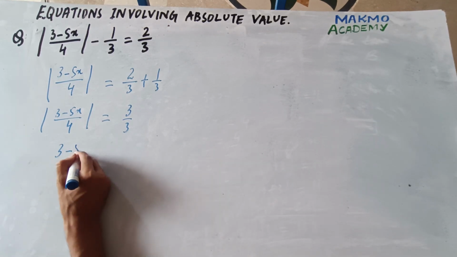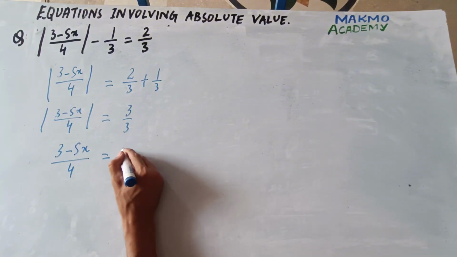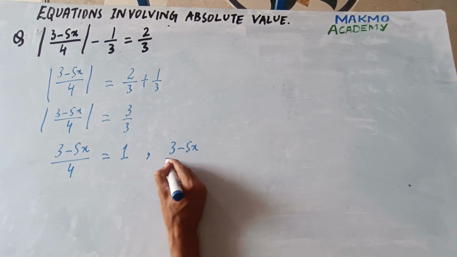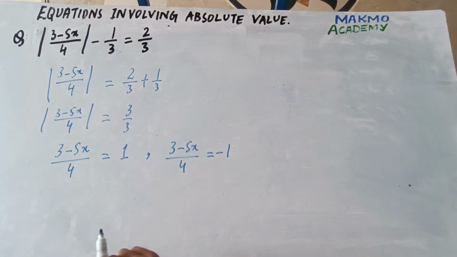So you will get 3 minus 5x upon 4 is equal to 1, comma, 3 minus 5x upon 4 is equal to minus 1. See, this is how we can open it.